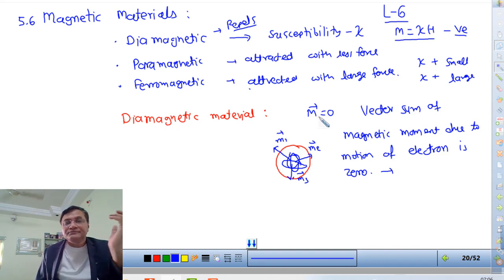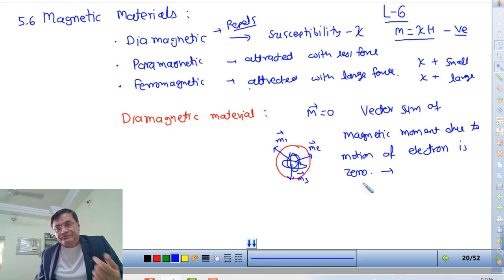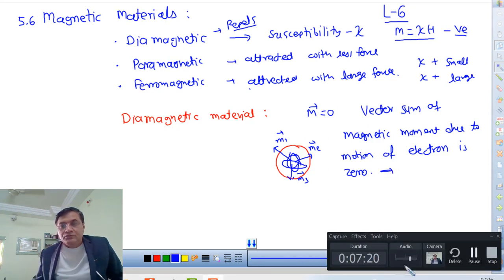For example, gold. Gold is diamagnetic. Okay, bismuth, lead, many examples, you can go through that. So these are the examples of diamagnetic material.